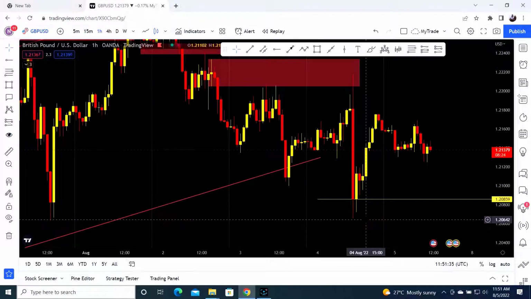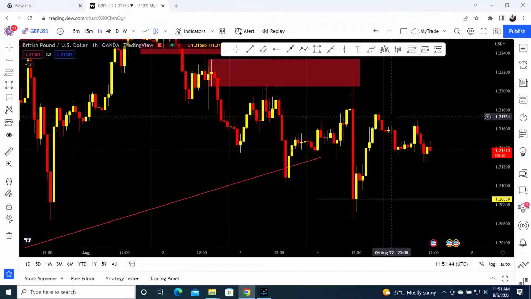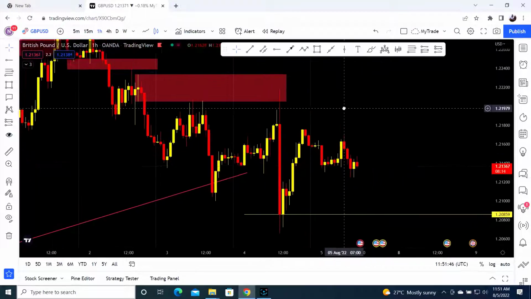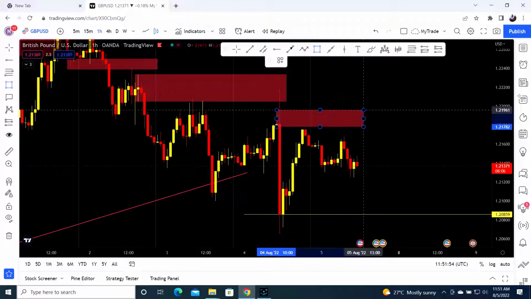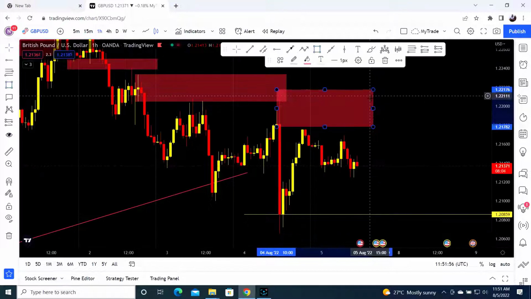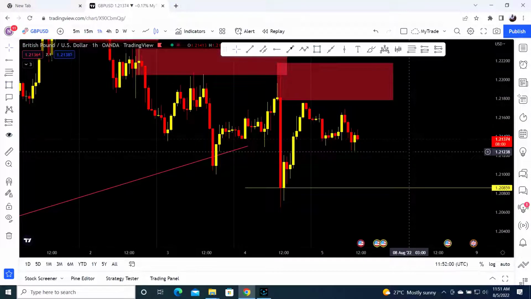Now we have this low, and we are waiting for the low to be broken as well. So the current trend is bearish. So for the next move, maybe we can wait for price to come to this zone and see whether we can get confirmations for entry.